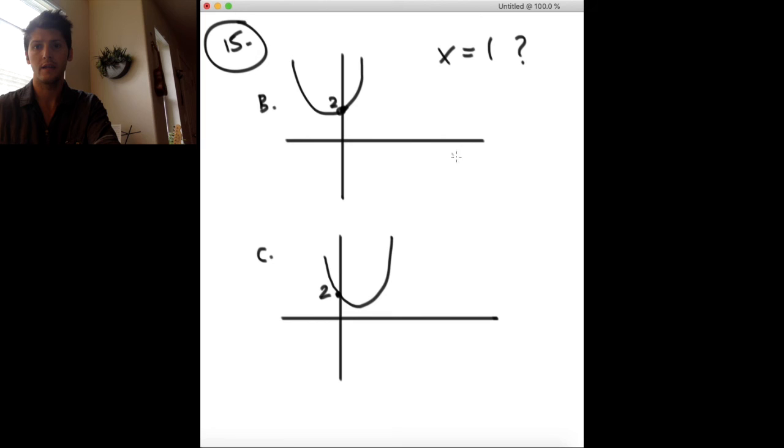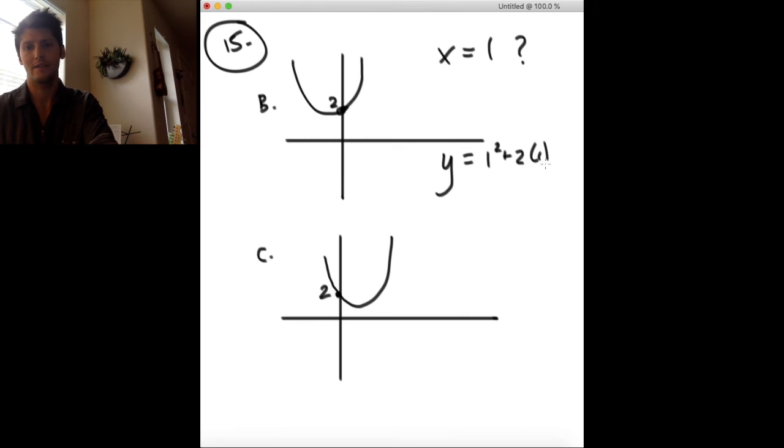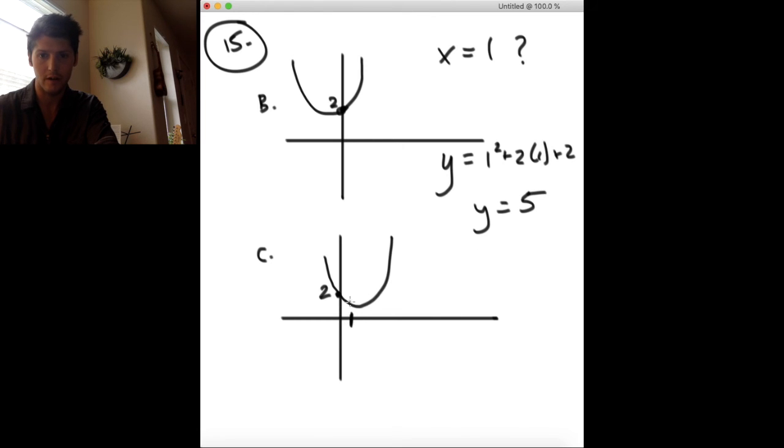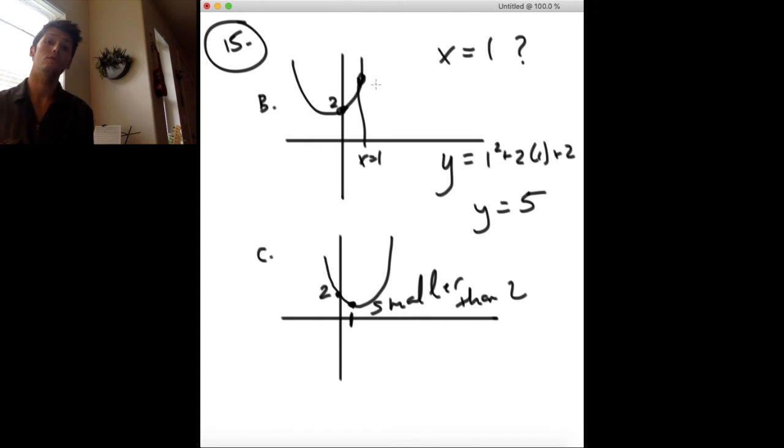You get y equals 1 squared plus 2 times 1 plus 2. Well, that's bigger, right? That's y equals 5. All right, well, this looks like here's about 1. This is smaller than 2. That's probably wrong. And this one gets bigger right away. So maybe that's y equals 5 when x equals 1. Okay, answer choice B. So you could use estimation there.